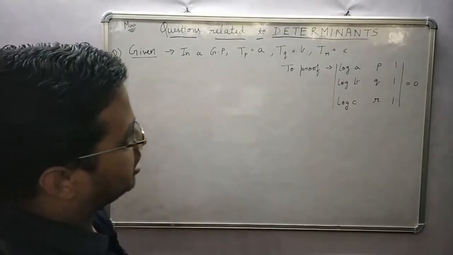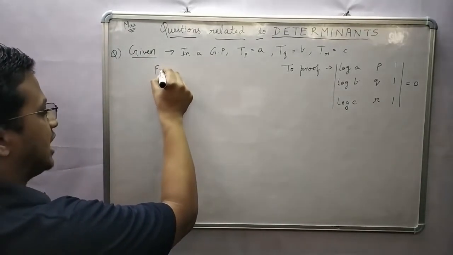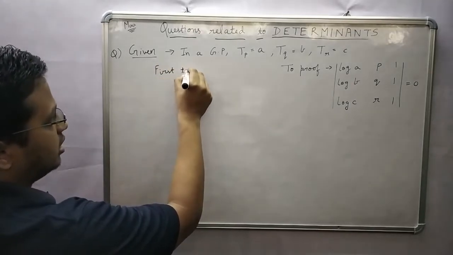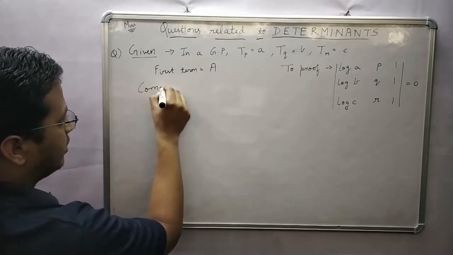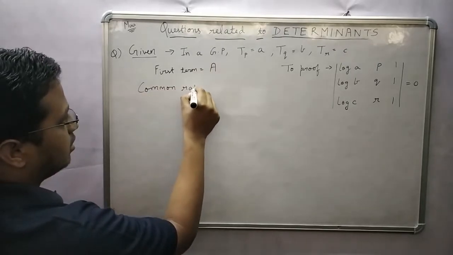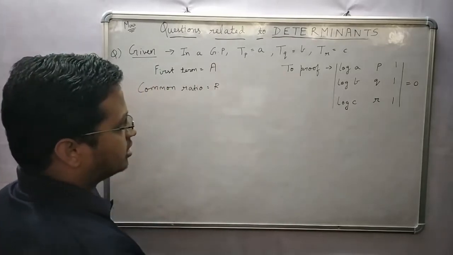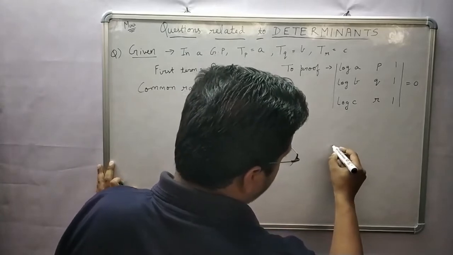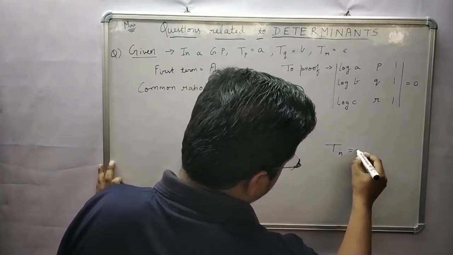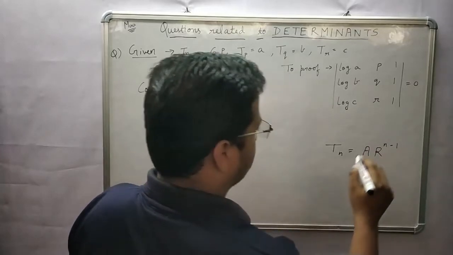So in a GP, let us assume that the first term of that GP is capital A and the common ratio is capital R. Now, as you have already studied about GP in previous class, you know that the nth term of a GP is given by A R power n minus 1.